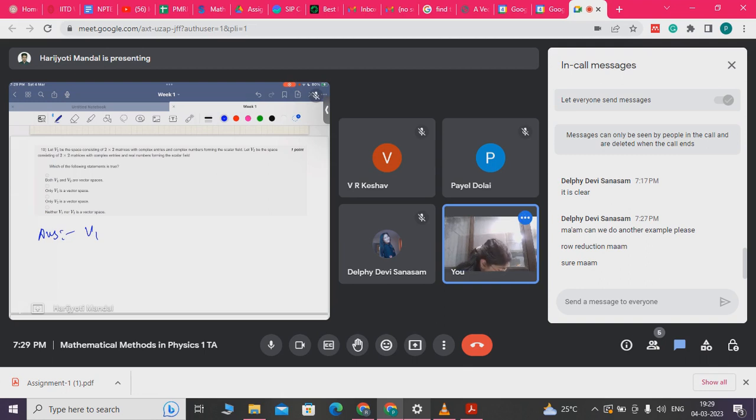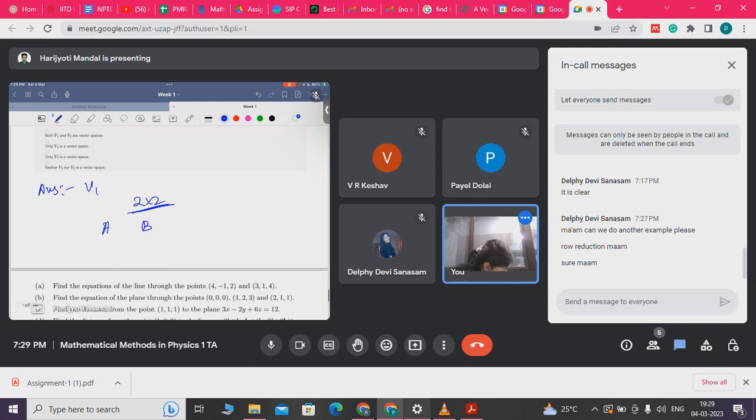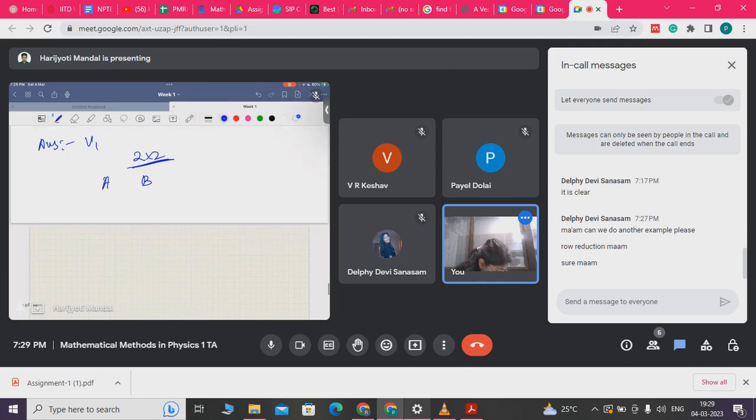For V1, first we try to prove if V1 is a vector space or not. Okay, so V1 is 2 by 2 matrices and its entries are complex. A is a matrix, B is also a matrix. A belongs to V1, B belongs to V1.